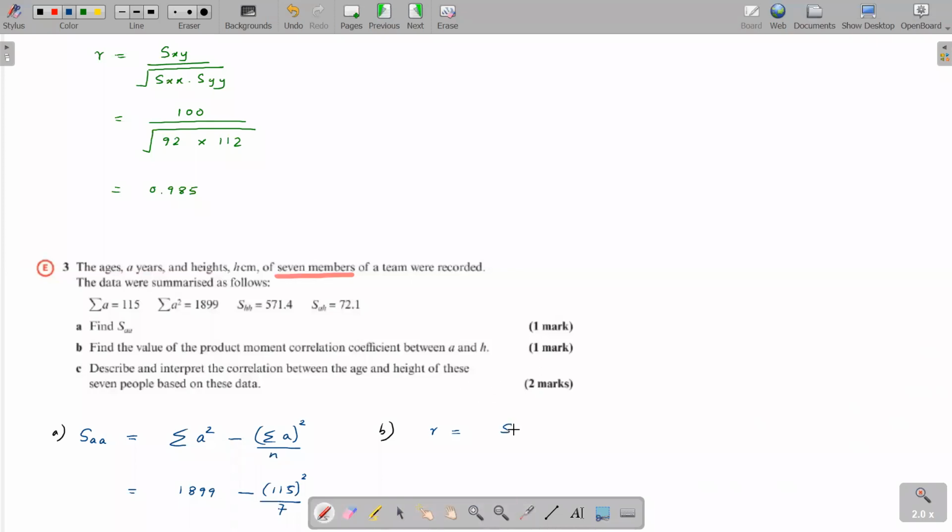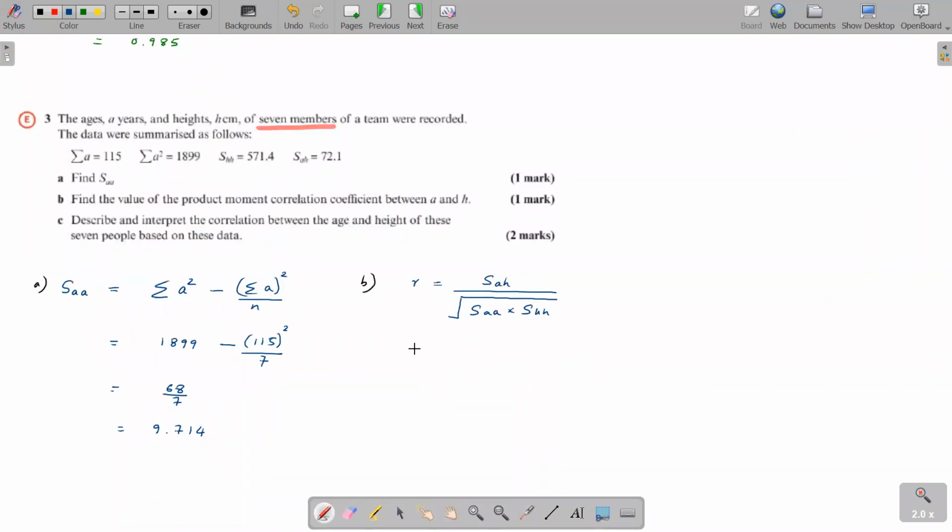So it's going to be SAH over the square root of SAA into SHH. So r equals SAH, that value is given to you, 72.1, over the square root of SAA, which is 9.714, into SHH, which is 571.4.